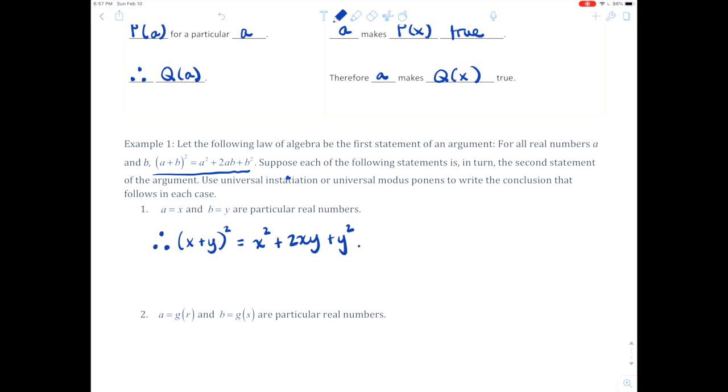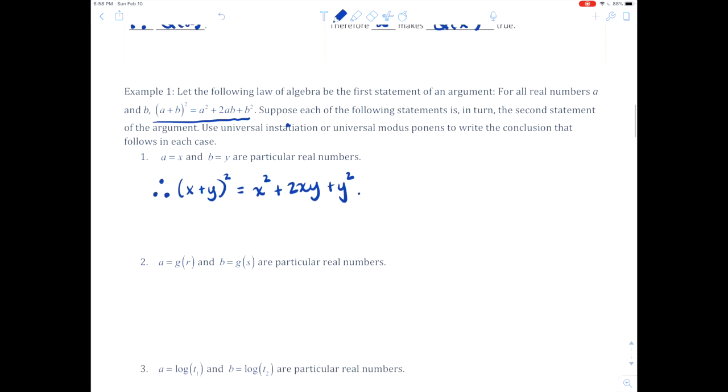And the next one deals with a equals g at r and b equals g at s are particular real numbers. And so that's the second line of the statement. So we want to do what?